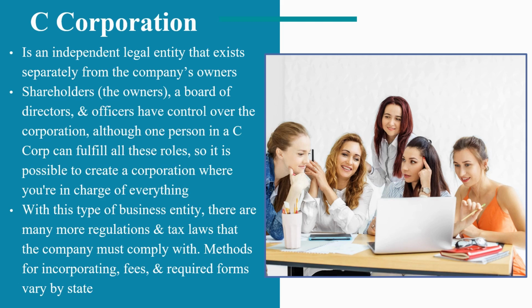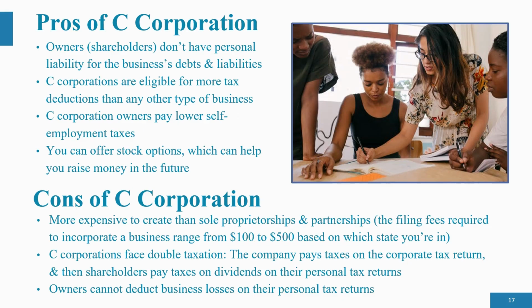A C corporation has double taxation and more complexity to it. There's a lot more to C corporations, and it doesn't make much sense to use it unless you're going to go really, really high level. So the pros and cons: you still have shareholders. You still have tax deductions. You still have the tax options.